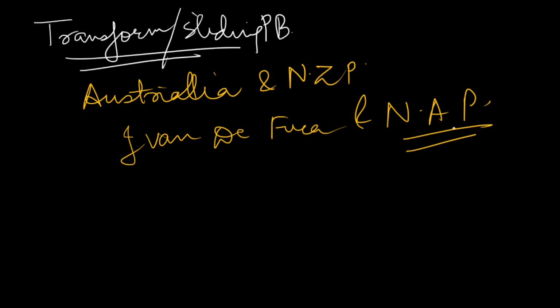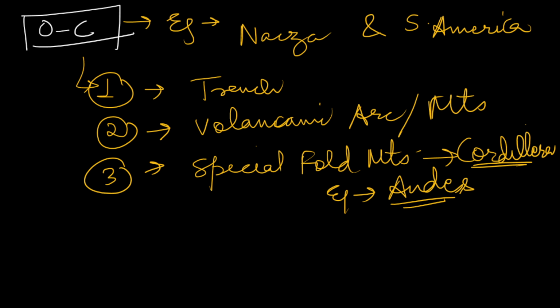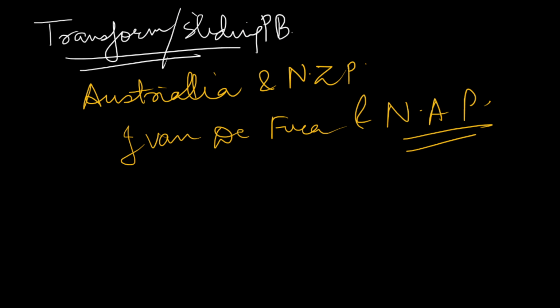Here you have Juan de Fuca plate, and here this is the North American plate. So instead of converging, they slide against each other. So it is the best example of sliding or transform boundaries.